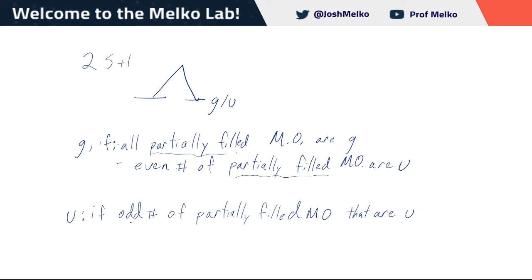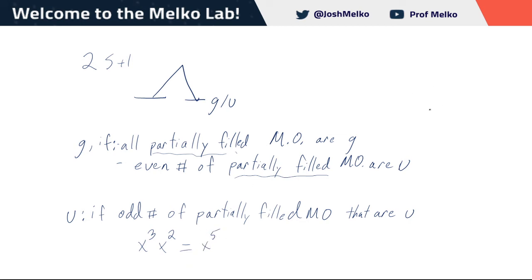Okay, so if there is, say, one of the molecular orbitals is ungerade, like x cubed, times a molecular orbital that is gerade, x squared, well, then we get x to the fifth, still ungerade.